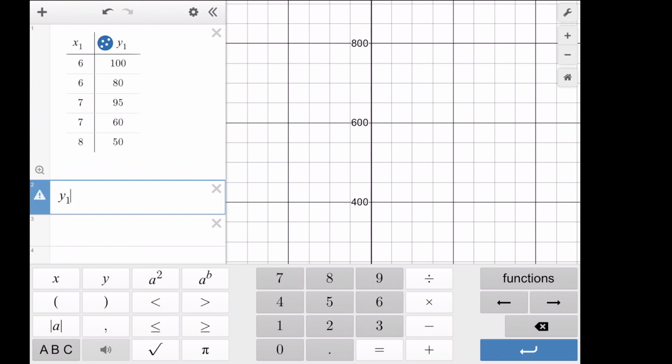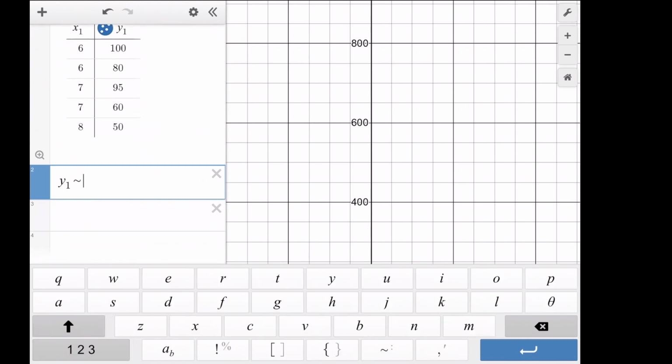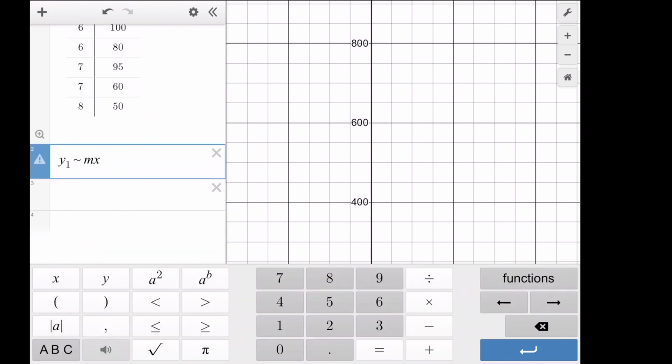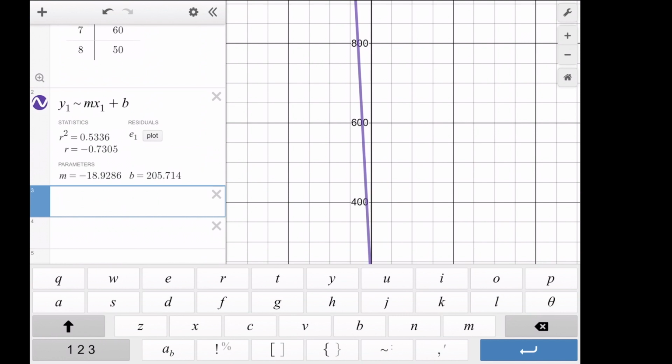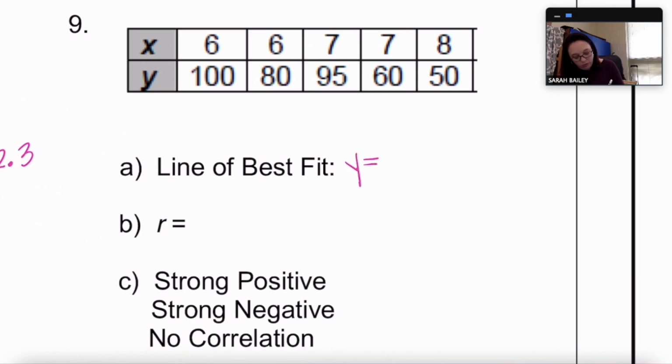Go ahead, hit the plus sign again, and then do the f of x expression. So we want y1 squiggly mx1 plus b. Okay, so our line of best fit, remember we're rounding to the nearest hundredth, so that's going to be y equals negative 18.93x plus 205.71.